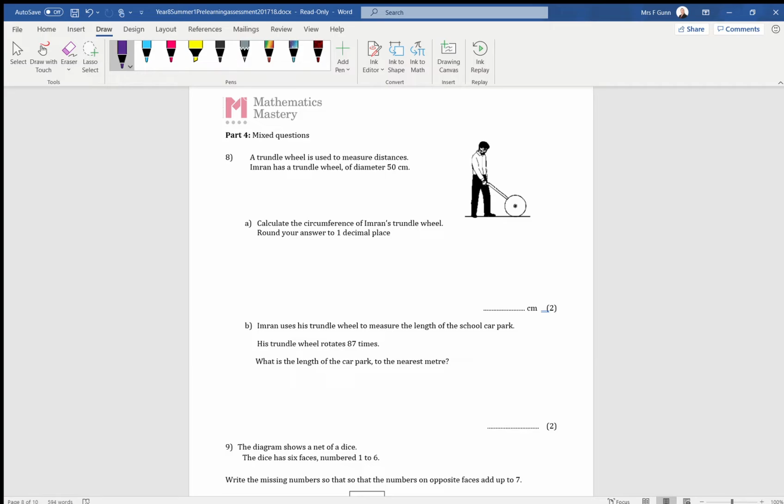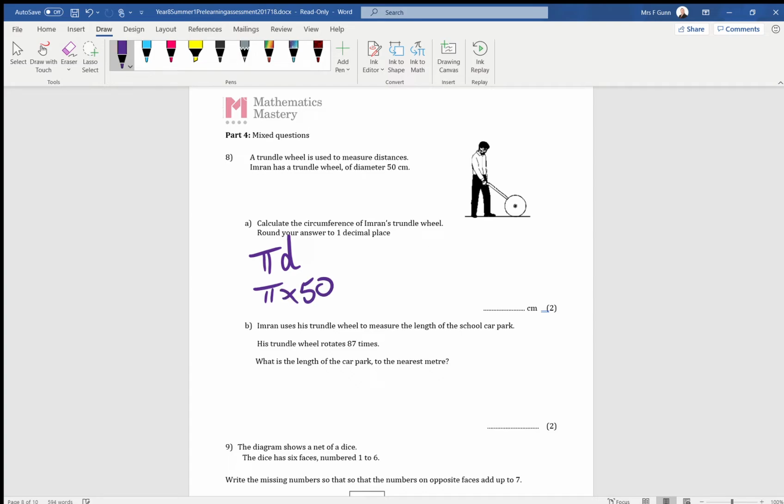There we go. So, this is combining the circle stuff that you did and the volume and surface area stuff. The trundle wheel is used to measure distances. The trundle wheel has a diameter of 50 centimetres. Calculate the circumference. So we should know circumference is pi times the diameter. So the diameter is 50, it's pi times 50.